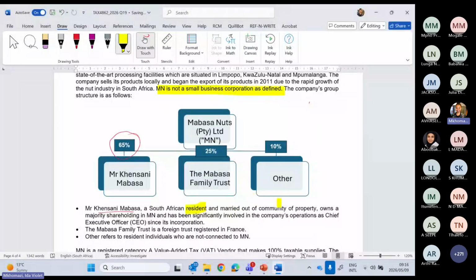Kensani is a resident and he's also the CEO of the company. We also have the Mabasa Family Trust. The Mabasa Family Trust is a foreign trust and they hold 25% of the shares. Since it is a foreign trust, it means that it is a non-resident.